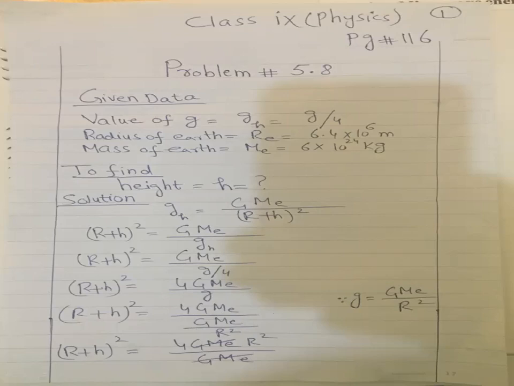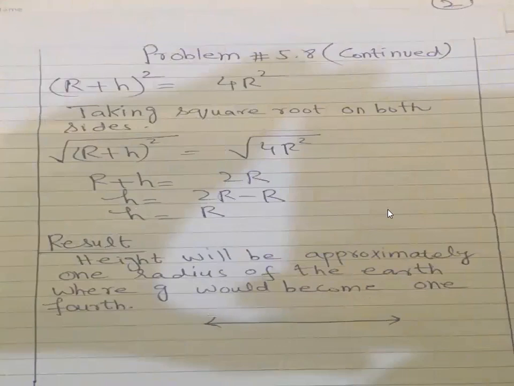If you take this r square on the top, this gme will cancel with this gme. So what is left? R plus h whole square is equal to 4r square.